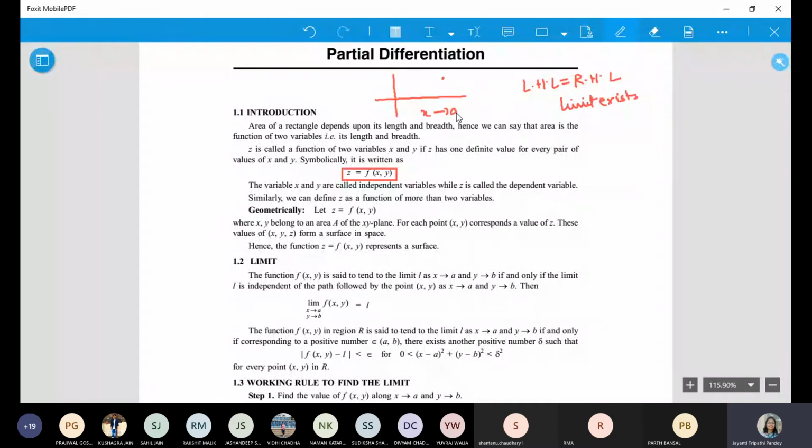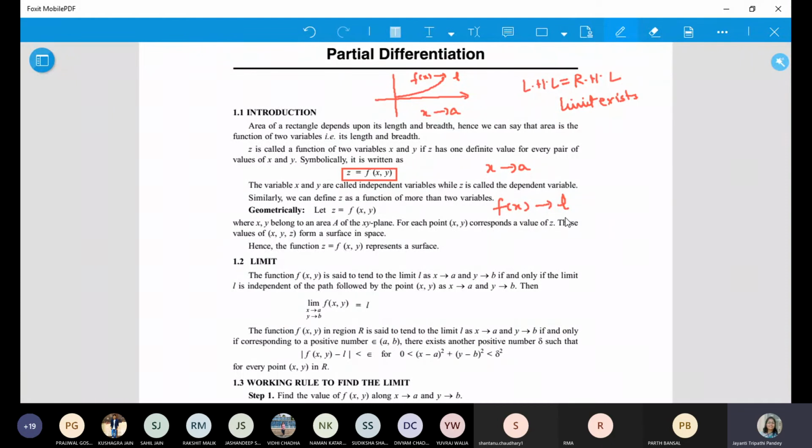And what was happening in this, when you were approaching to a particular point, suppose you are testing the limit extending to a, then x moves on a number line on x-axis, right? And whatever output you are getting, that f(x) will move towards L. This was the system. Limit means when your x was approaching to a point A, your f(x) should approach to a fixed value L. That was the meaning of limit.